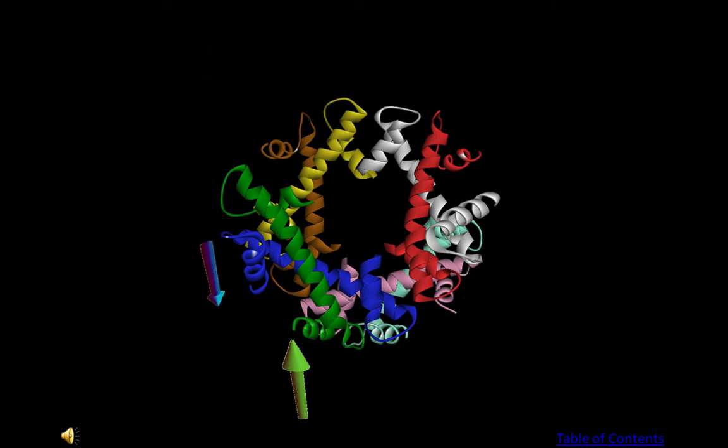Conversely, H2B, the blue subunit, is pointing in the approximately opposite direction. Now please look at H3 and H4, the white and red subunits, at the right upper quadrant. H4, the red subunit, is pointing up, although it's difficult to see at this viewing angle, but H3, the white subunit, is clearly pointing down.